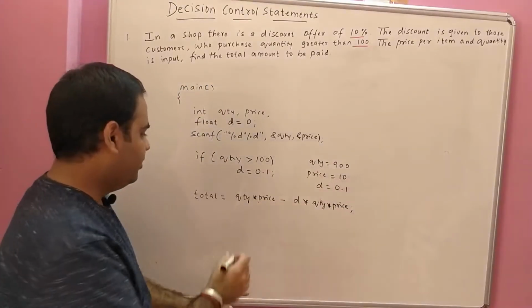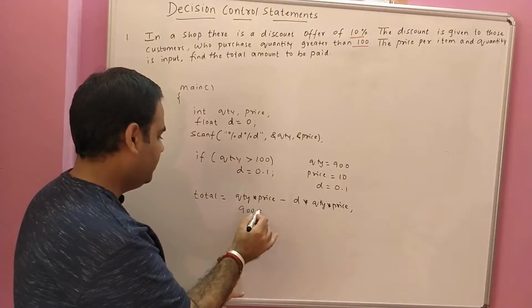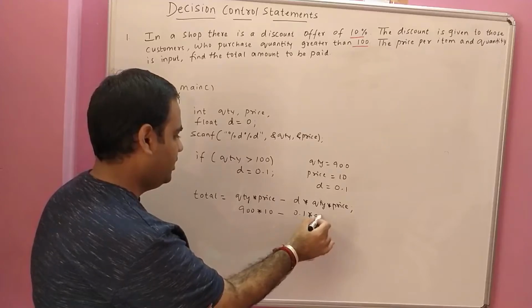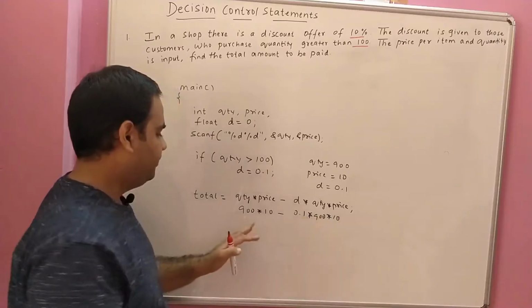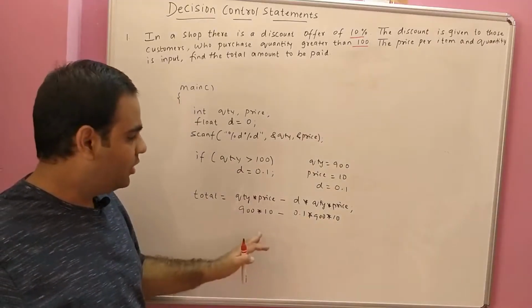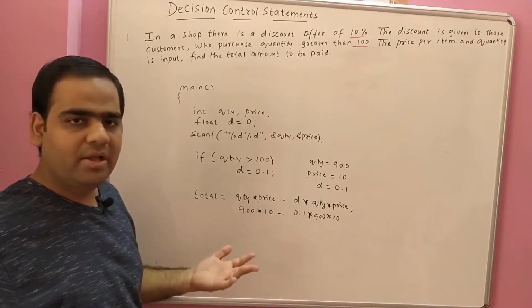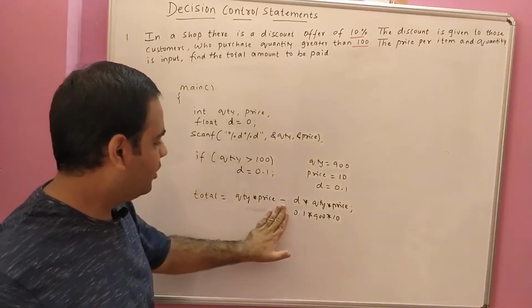Now quantity is 900 into 10, minus discount 0.1 into 900 into 10. It is 900 into 10 is 9000, minus this will become 900. Hence the total will become 8100.